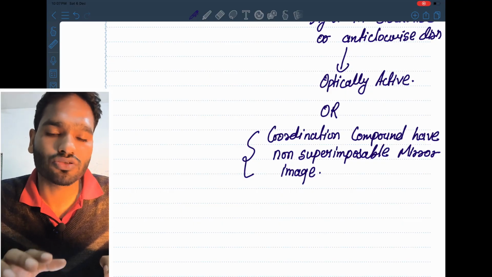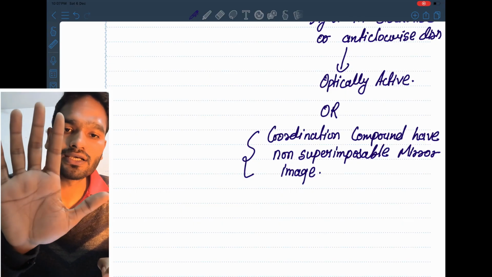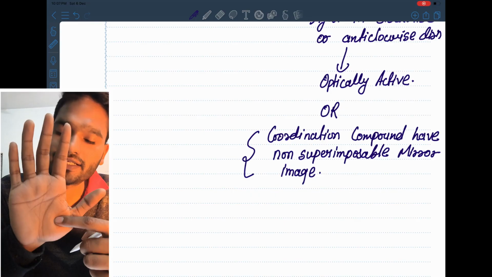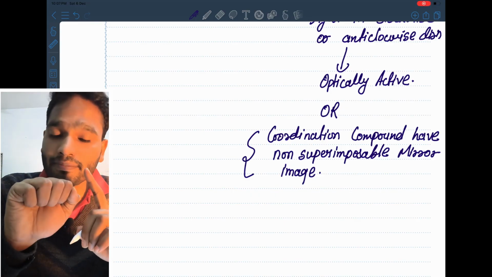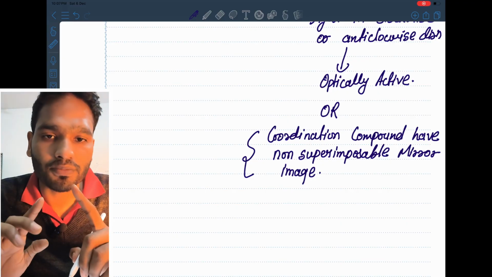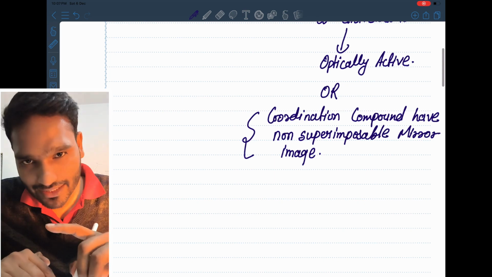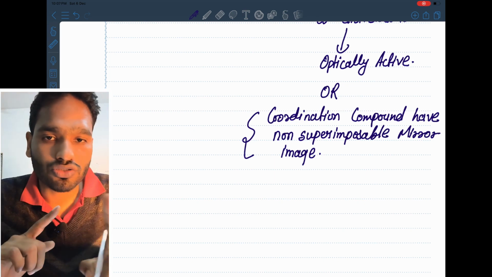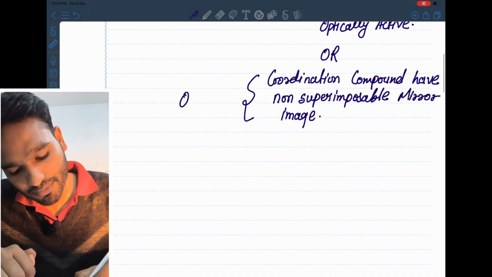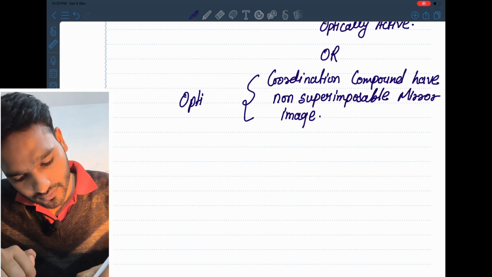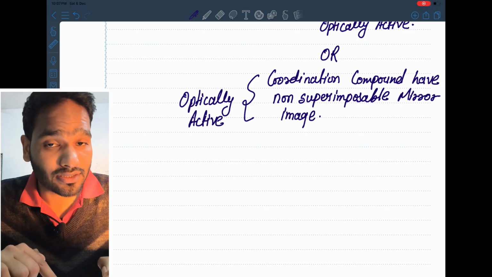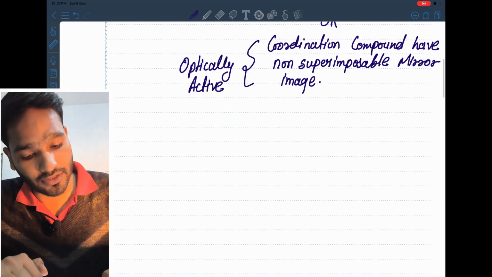Take my hand: in the mirror, like in the video, you will see the mirror image of my hand. The mirror image of my hand is not superimposable on this hand, so it means it will be optically active. If the mirror image is non-superimposable, then the compound is optically active. If the mirror image is superimposable, then it will be optically inactive.